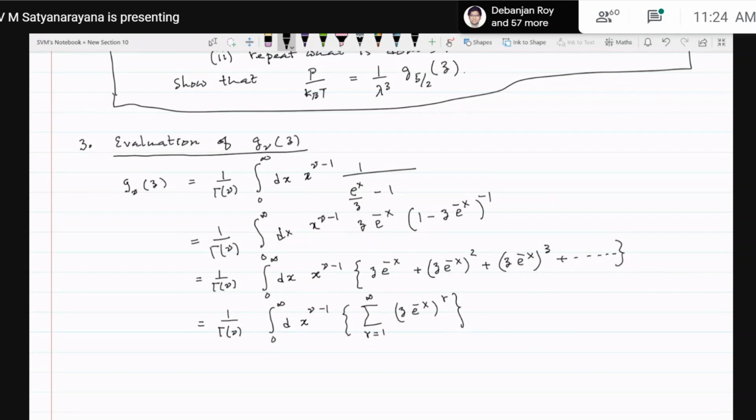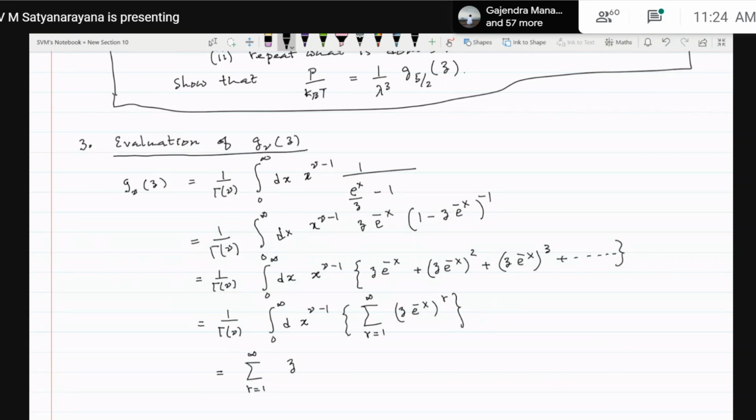Now, since summation and integration are on two different indices, I can interchange them. So I can write sum over r equal to 1 to infinity. Whatever is not depending on x, I will pull that out.